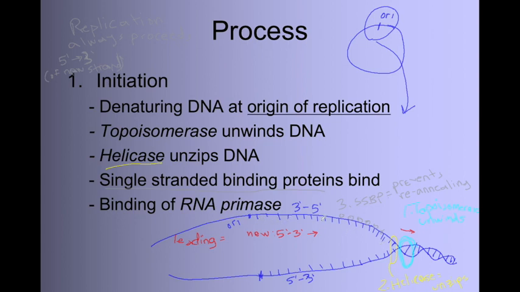So this allows continuous synthesis of the newly synthesized strand.